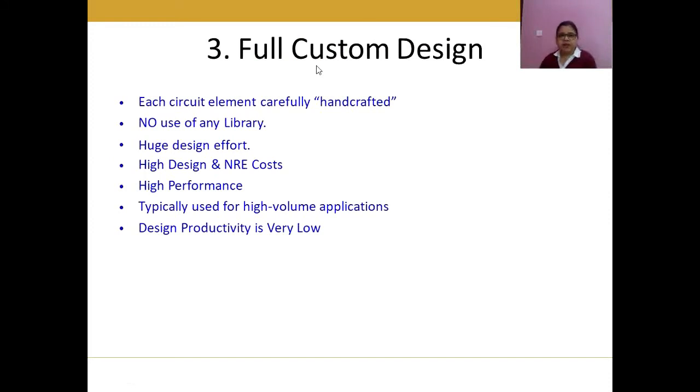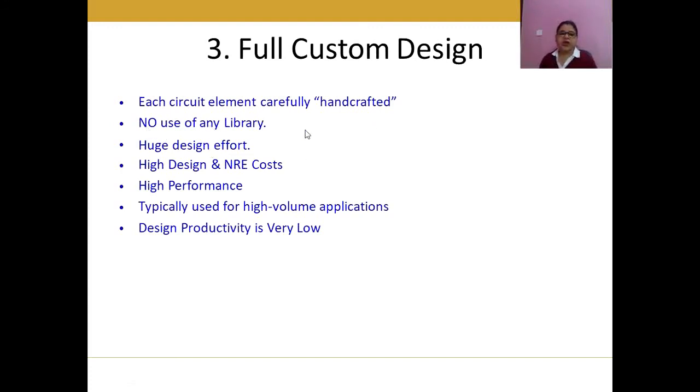Full custom design means the design needs customization from the very start, from step one. That is known as a full custom design. Means each circuit element is carefully handcrafted. Means each and every circuit element, each and every model of the component is generated as per the system specification.